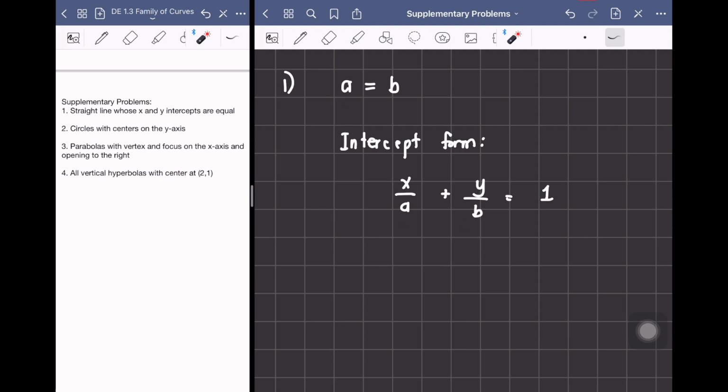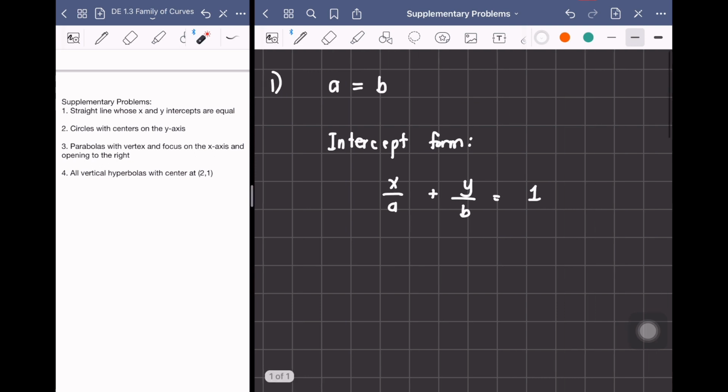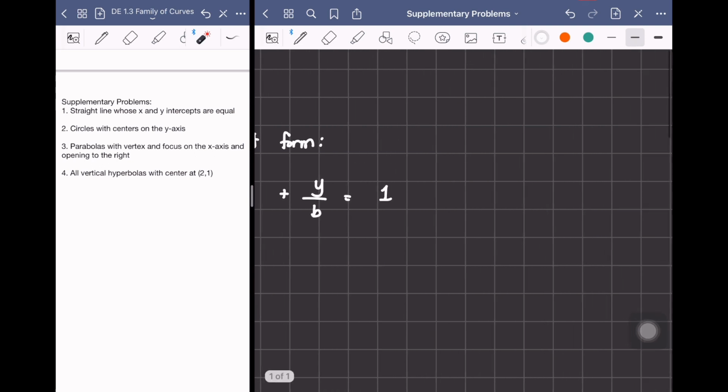Okay, so if you're going to realize, if the x and y intercepts are equal, let's say this is our x and y axis. If the x-intercept is 1, the y-intercept will also be 1. If you're going to create the equation, or the line, this will be that particular line. If the x-intercept is 2, the y-intercept will also be 2 because they're supposed to be equal. So the sketch of the line will be this one. 3, 3.